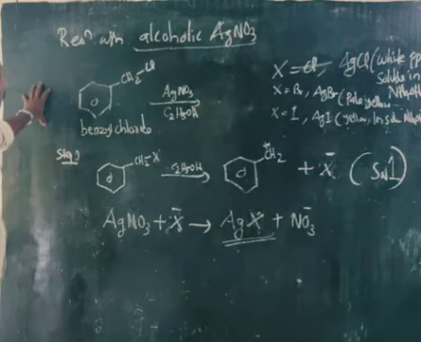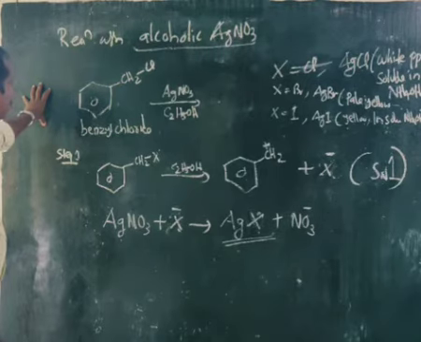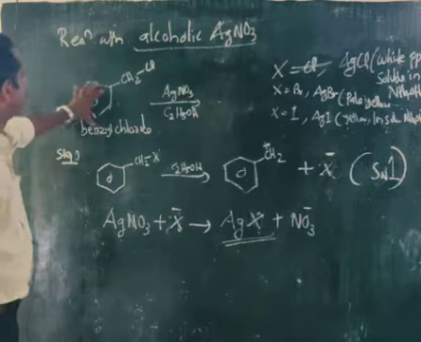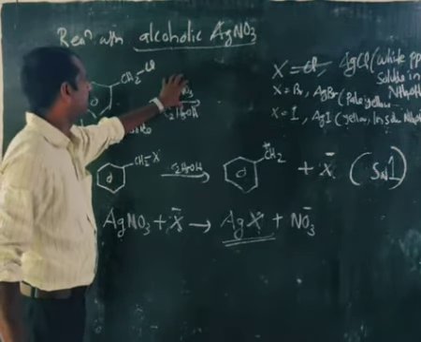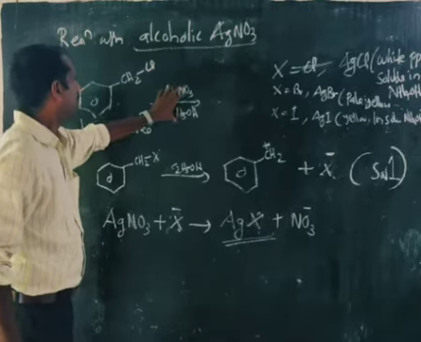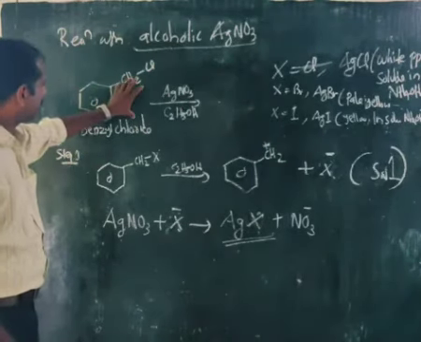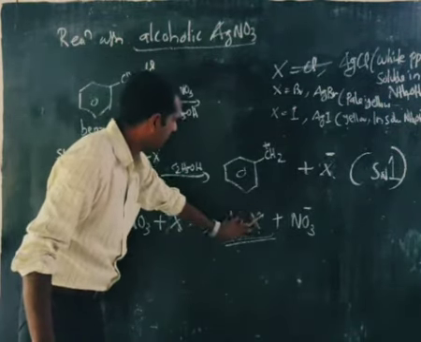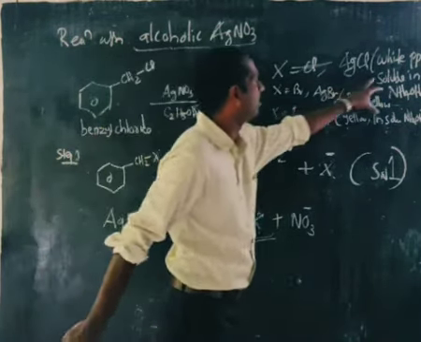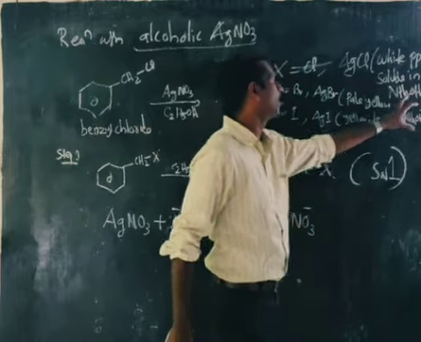So once again, repeating this: we are taking a side chain halogenated hydrocarbon, benzyl chloride, treated with alcoholic silver nitrate. You will get silver chloride, a white precipitate soluble in ammonium hydroxide.